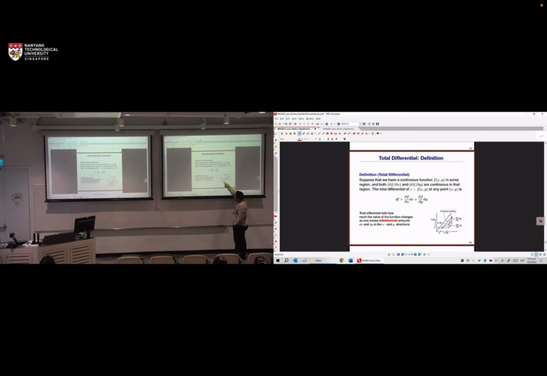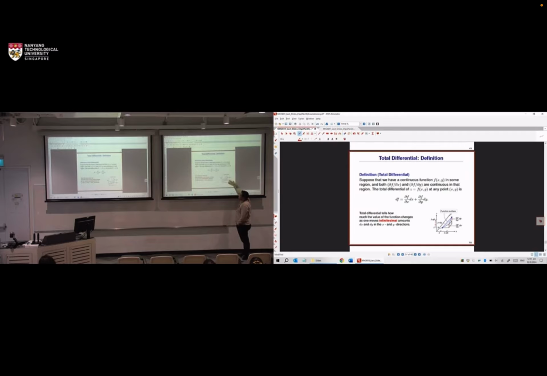The total differential tells you how much the value of the function changes as one moves infinitesimal amounts dx and dy in the x and y direction, small steps.